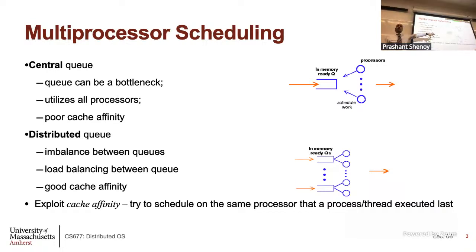But now you have a different problem, which is you have more than one queue. If the number of tasks in those queues is not the same, the queues are going to be imbalanced. Some queues might have more threads, some queues might have fewer threads. So some processors are more loaded than other processors. The load on processors will be uneven if the number of tasks assigned to those queues keeps changing.